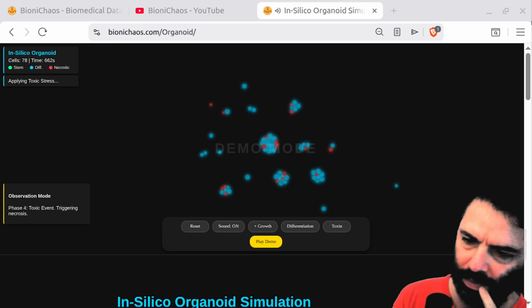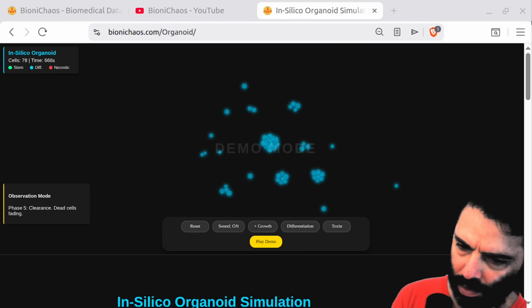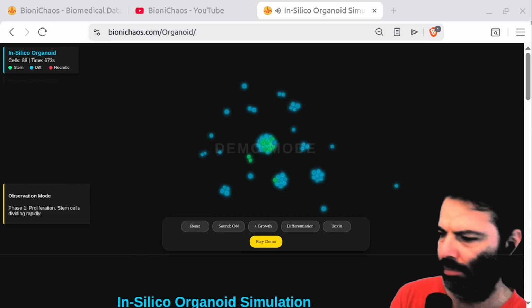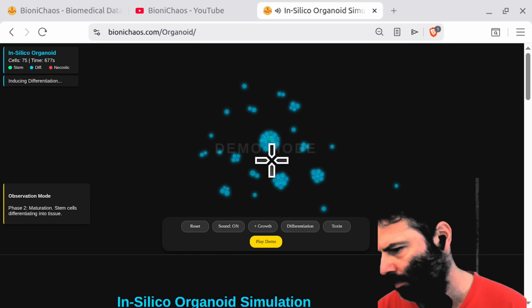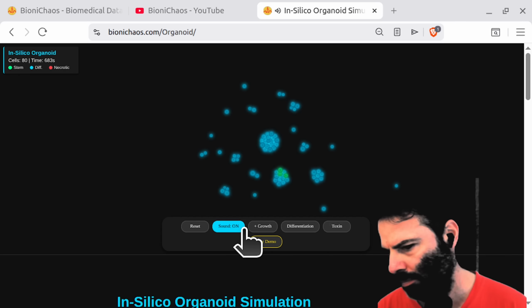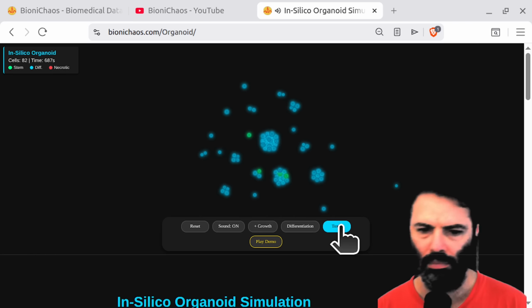Can you ask a developer some questions, like looking at the code? Certainly. Looking at the source code, specifically the start demo function, the demo mode cycles through several phases like proliferation, differentiation, and toxic event every 3 seconds. The user interaction function is triggered by mouse or touch events and calls stop demo.